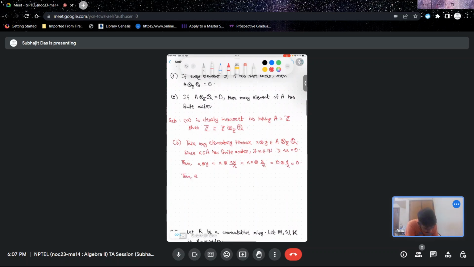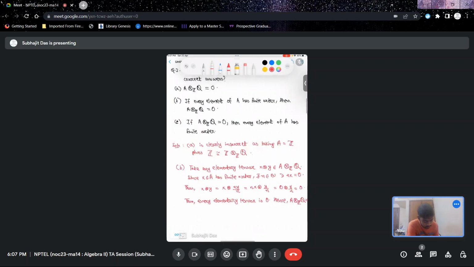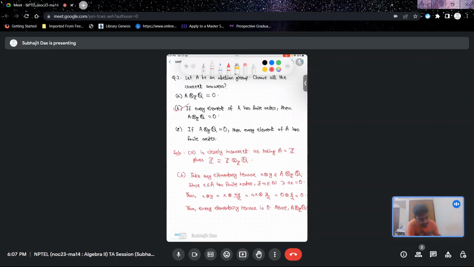Thus every elementary tensor is 0. Since the elementary tensors generate the tensor product, hence this is equal to 0. Thus option B is clearly correct.